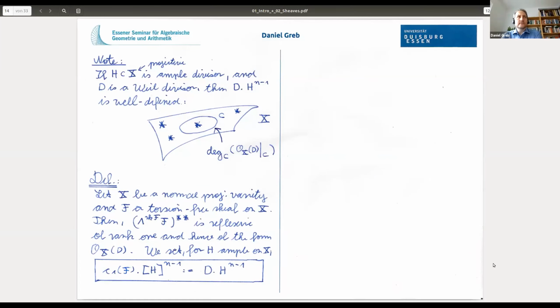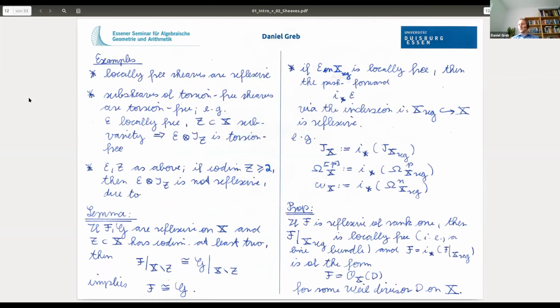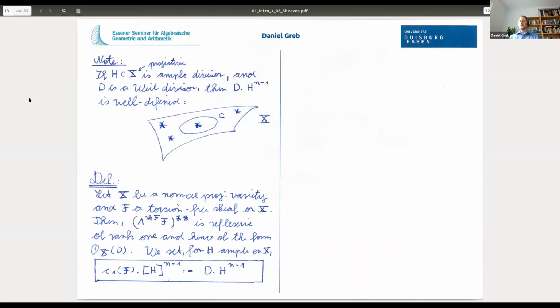If my X is a normal projective variety, and I have an ample divisor H, and D is a Weil divisor on my X, for example, a D arising via this observation which I just noted, namely the D coming from a reflexive sheaf of rank 1, then I can define what it means to intersect this Weil divisor D with H^{n-1}. And the picture tells you how to do that, without proving that this is well-defined and independent of all the choices made.